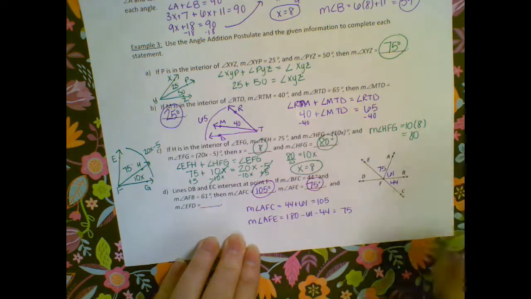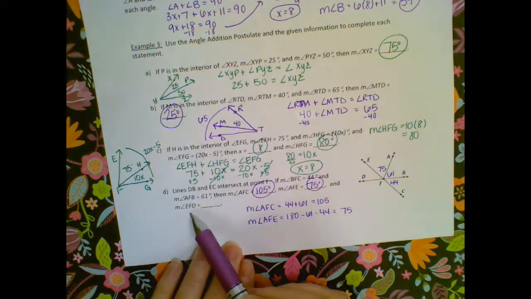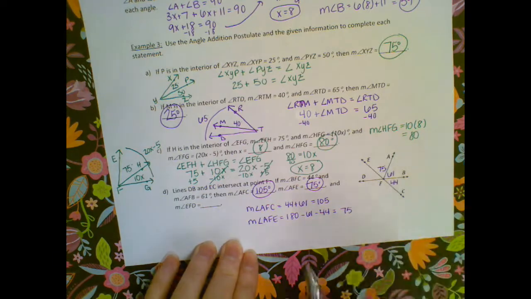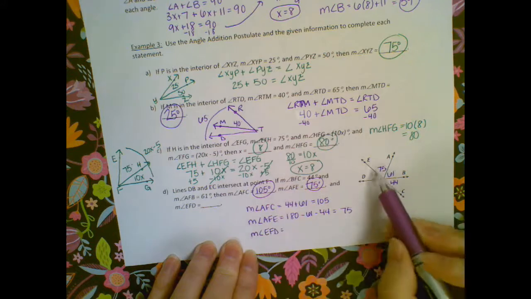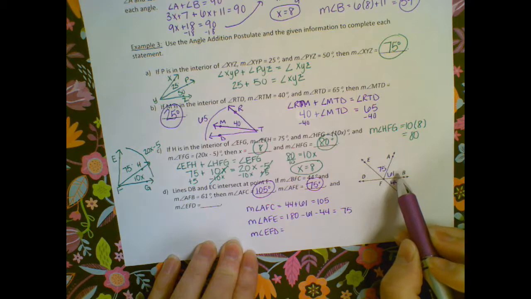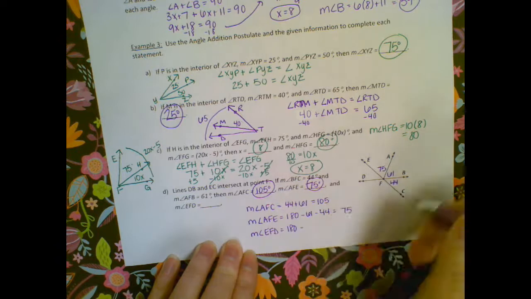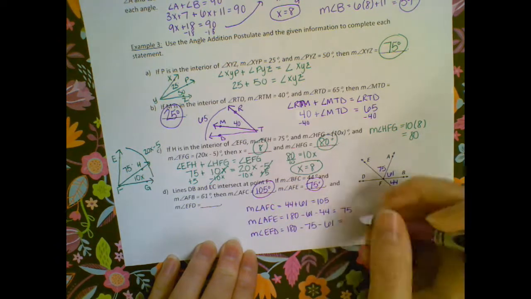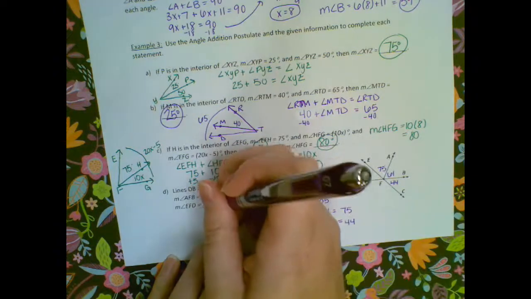Again, all three parts make 180, so I'm just working backwards. And then for EFD, again, I can do kind of that same approach. EFD and that angle, all three make 180. So 180 minus the 75 minus the 61 puts me back at 44 degrees.